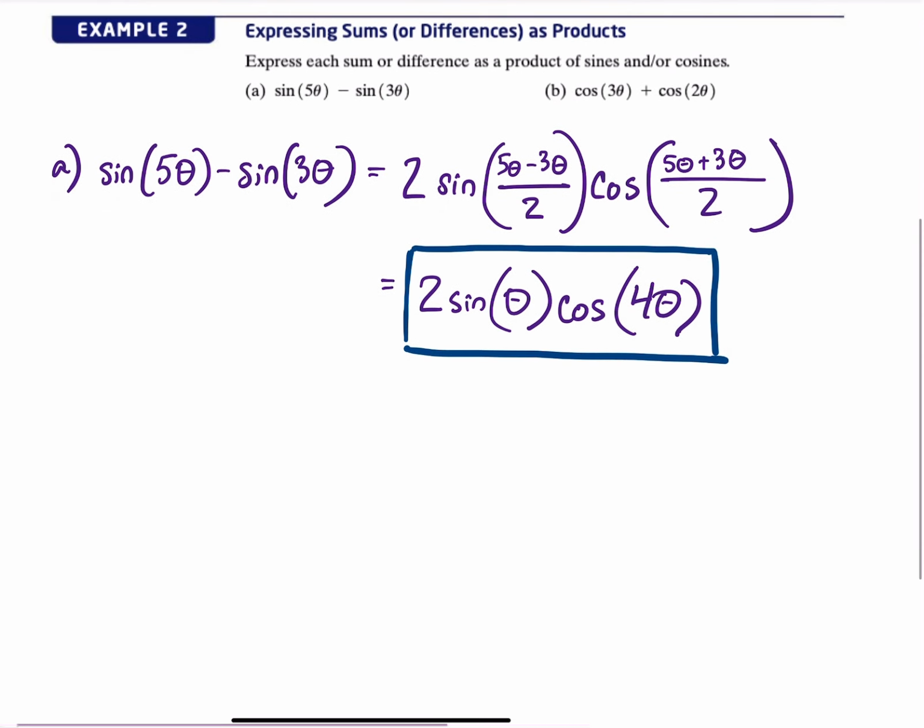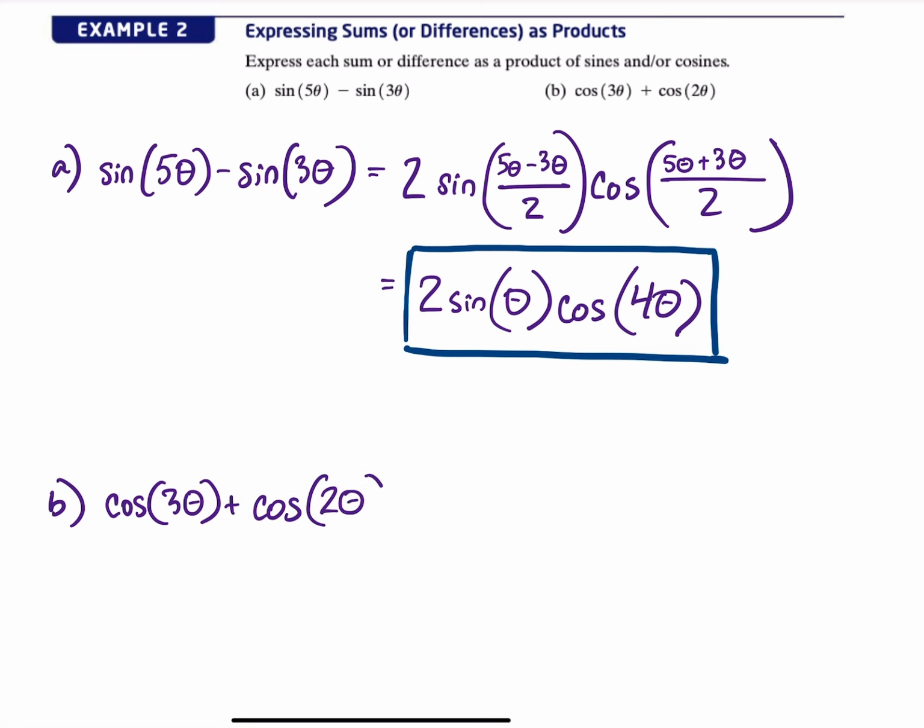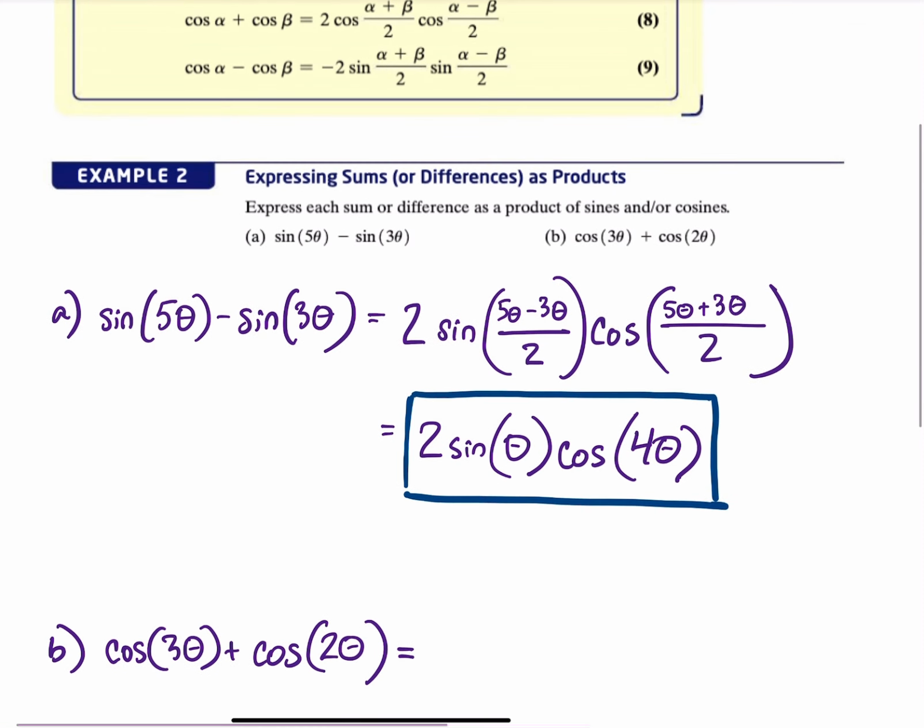And then for part B, they give us the cosine of 3 theta plus the cosine of 2 theta. So sum of two cosines, we're going to use this formula, so let me just write it in and then I'll scroll down.